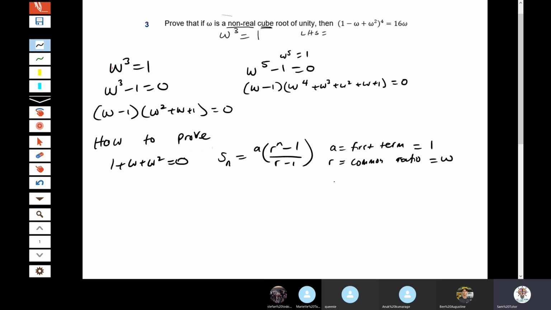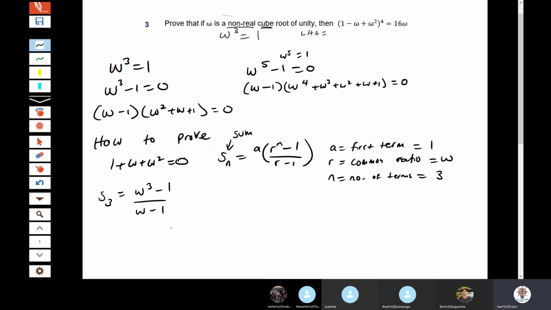Your first term is 1. n is the number of terms, which equals 3. So essentially, this is called the sum. The sum of your 3 terms, S of 3, is equal to omega cubed minus 1 over omega minus 1.